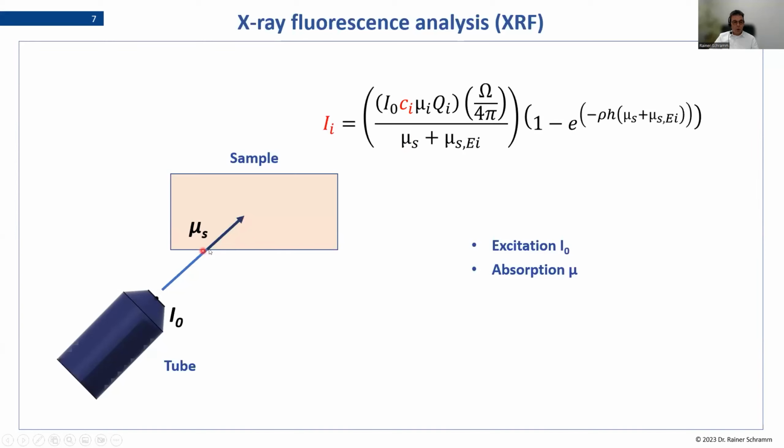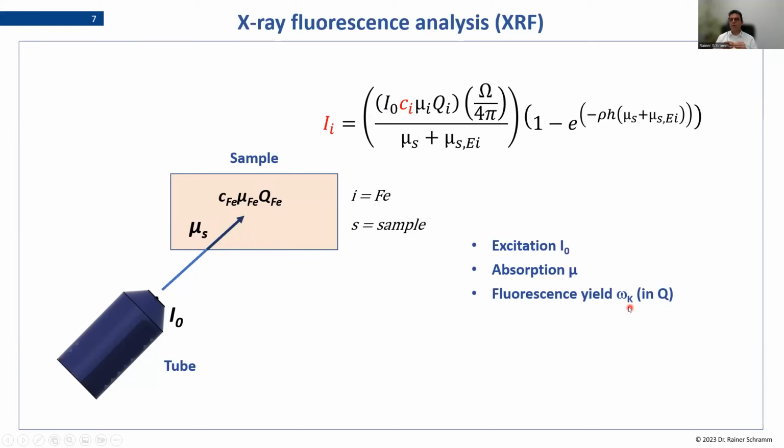Then, on all this part, when it goes into your sample, the element of interest, in our example iron, will be excited. How much? This is defined by the Q, and Q is, like I told you already some transparencies before, the fluorescence yield.